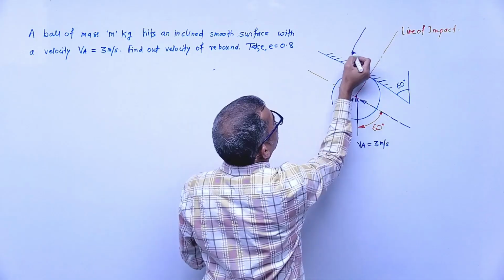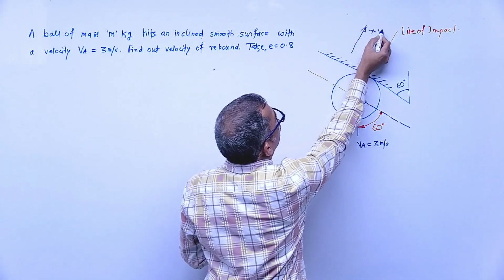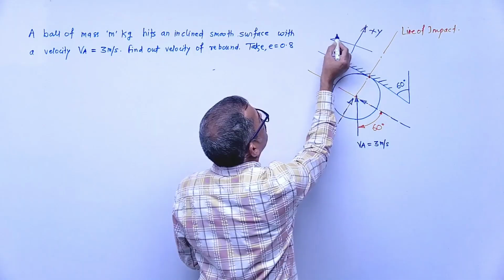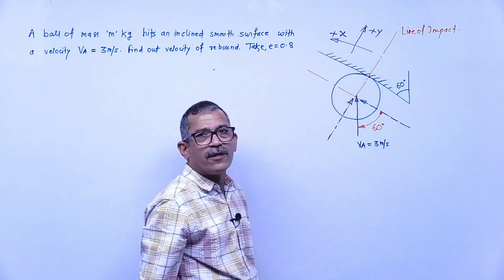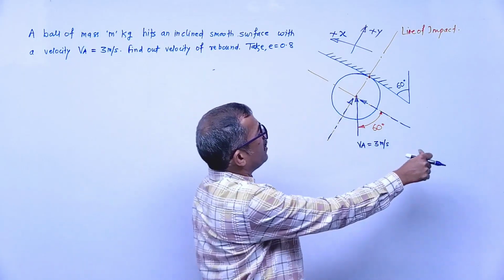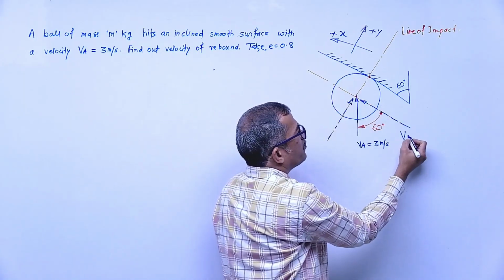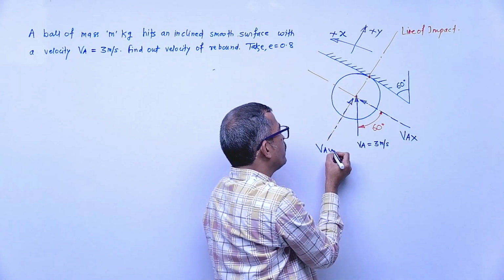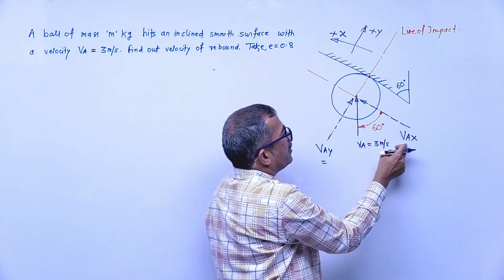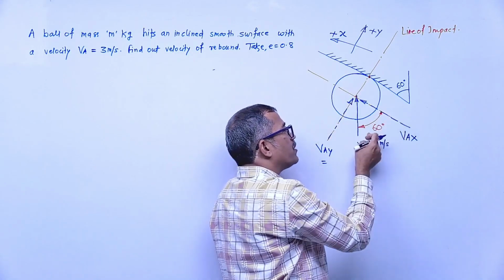Assume this one is my y-axis positive, along the plane in the upward direction, and say positive x-axis, so that we can write Vax and Vay. Along the x-axis this component is Vax, this component is Vay. Angle is given with this line.